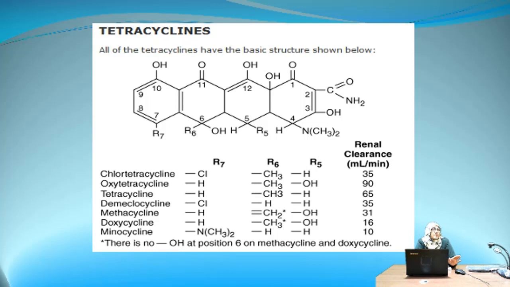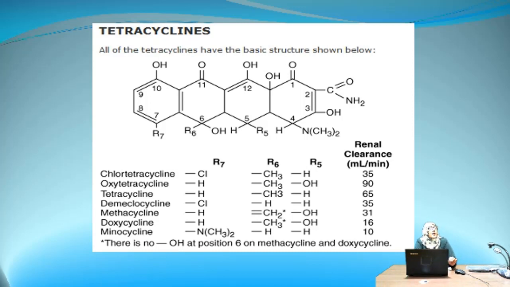Also, in this figure we show renal clearance for these drugs in mL per minute, such as chlortetracycline 35, and oxytetracycline 90. The clearance is 90 mL per minute.